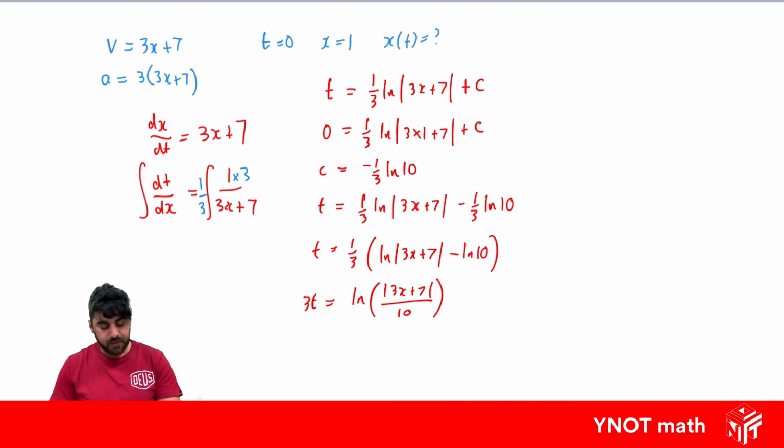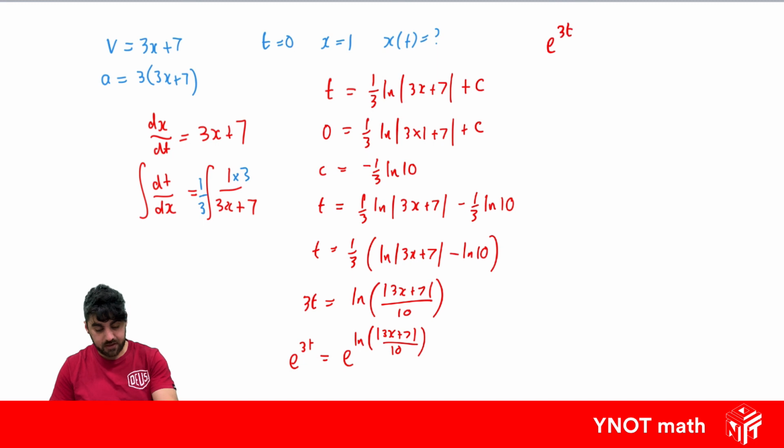Now we're going to take both sides and make them the powers of e. So we have e to the 3t equals e to the natural log of the absolute value of 3x plus 7 all on 10. Then the e and the natural log will cancel out on the right hand side. So we just get e to the 3t equals the absolute value of 3x plus 7 all over 10.